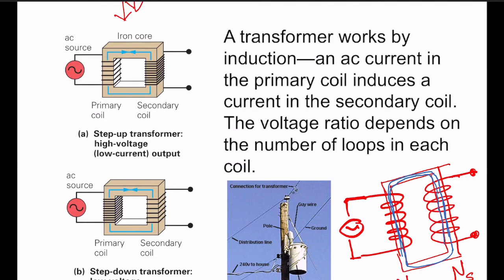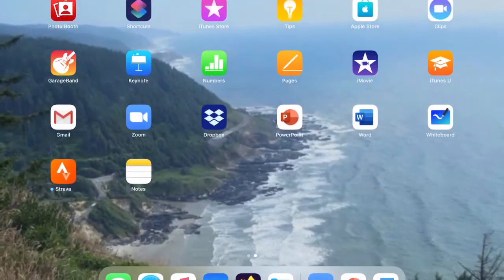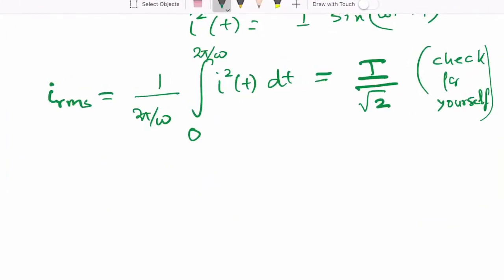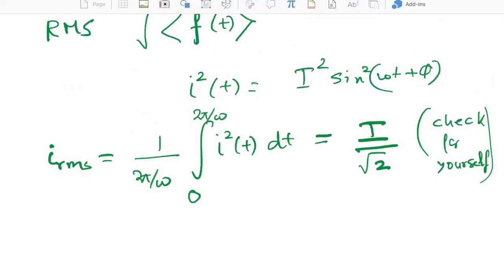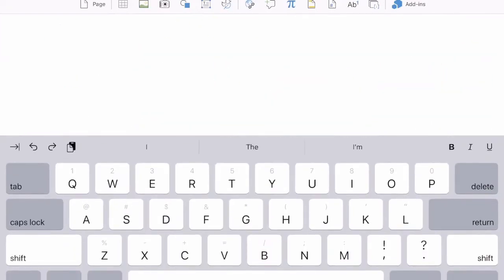All right, and a much nicer diagram is over here. These are both diagrams of transformers. Okay, so what's the advantage of a transformer? To see that, let's just quickly calculate what the voltage is going to be in the primary and the secondary.